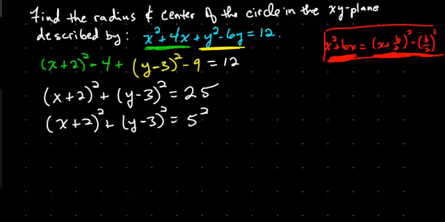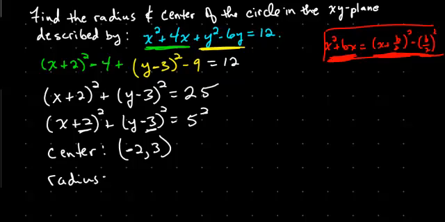And so I get my center is at negative 2, 3, and my radius is 5. Say r equals 5.